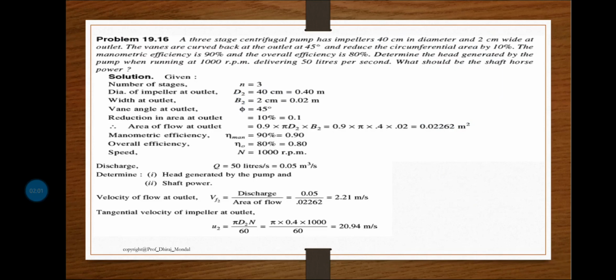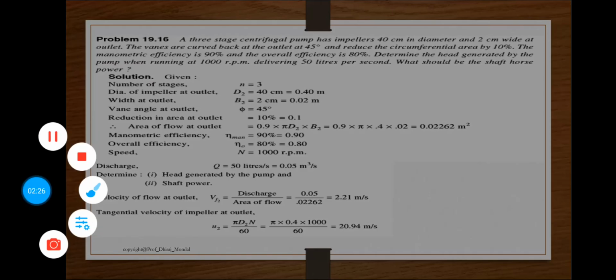The manometric efficiency is 90% and the overall efficiency is 80%. Determine the head generated by the pump when running at 1000 rpm delivering 50 liter per second. So discharge is also given, and what should be the shaft horsepower.